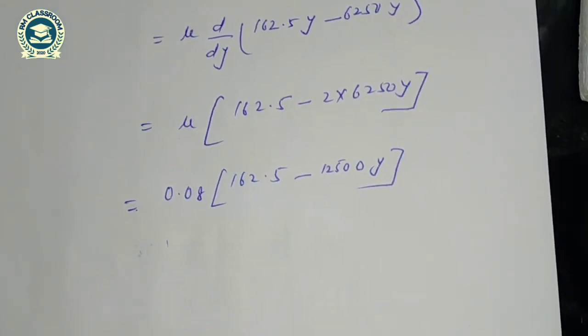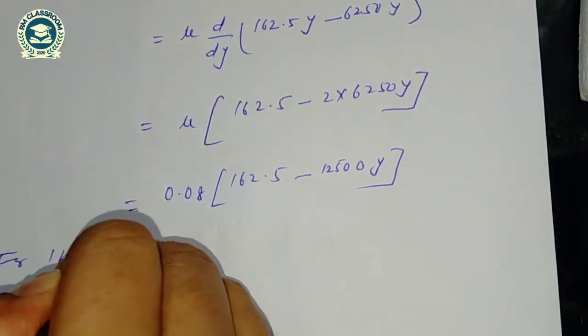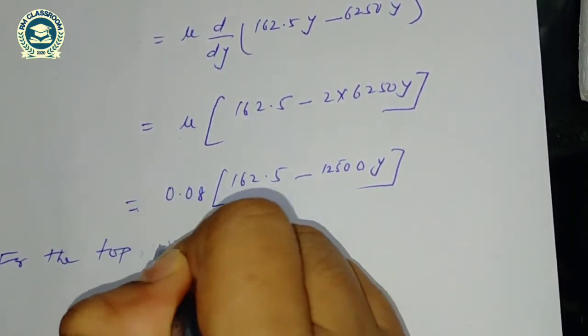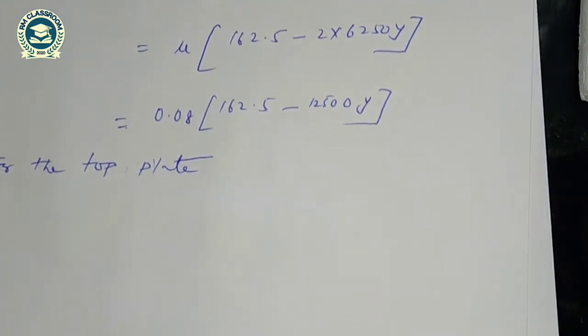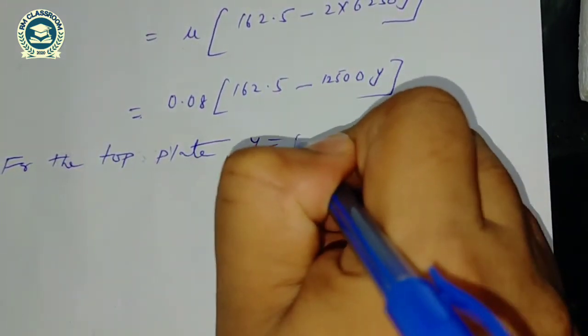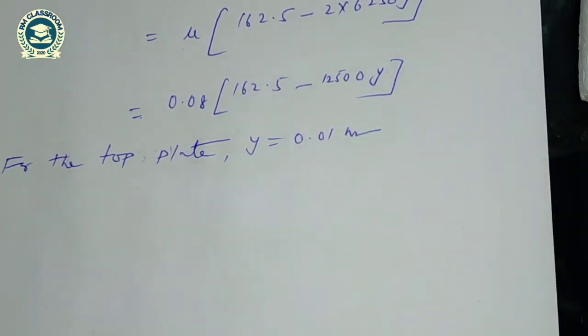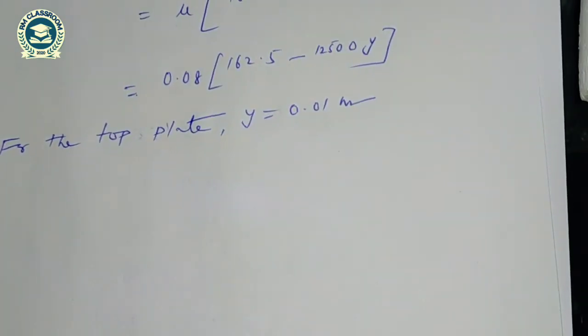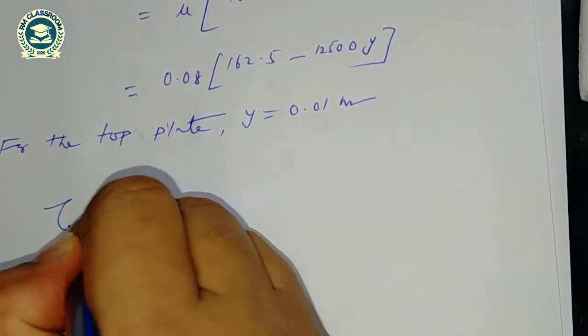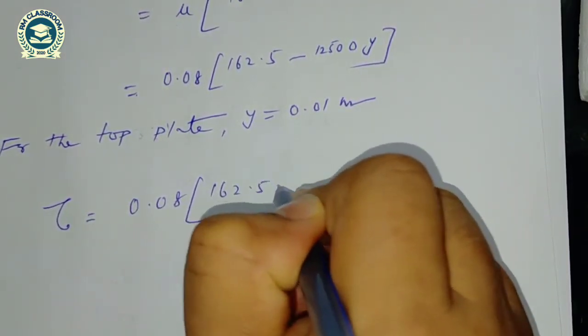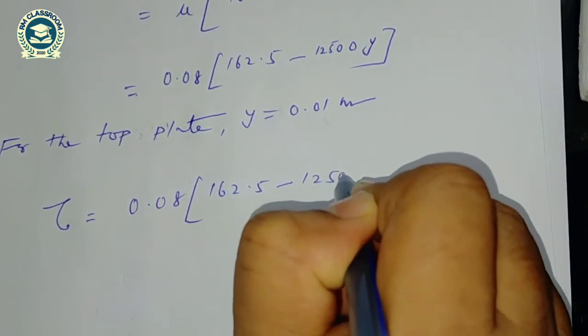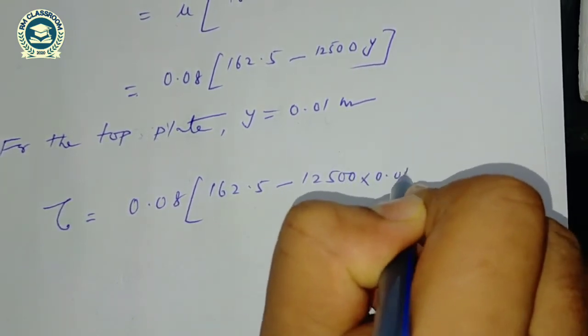So for the top plate, the value of y is equal to 0.01 meter. So the shear stress is equal to 0.08 into 162.5 minus 12500 into 0.01.